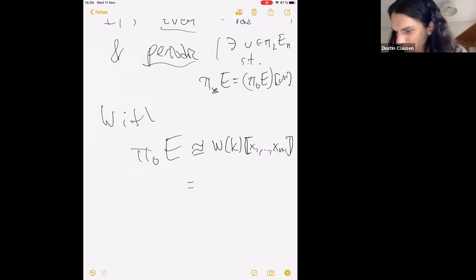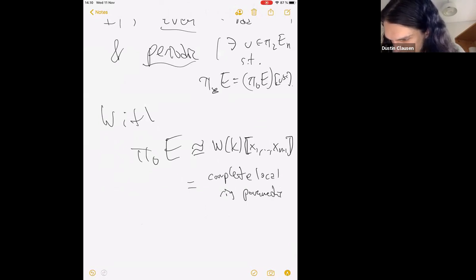But what it's actually equal to is the complete local ring parametrizing deformations of G.